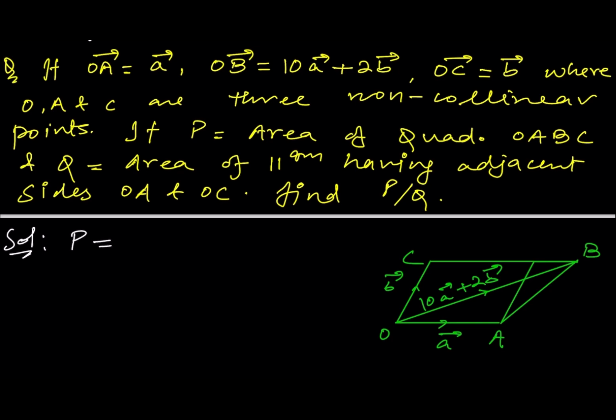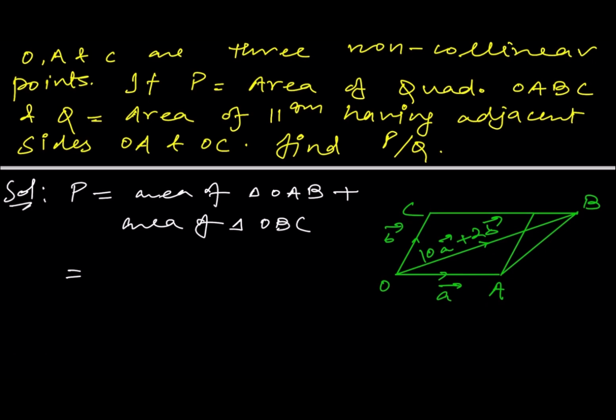P is the area of quadrilateral OABC, or you can say area of triangle OAB plus area of triangle OBC, right? So we know the area of triangle OAB is half mod of A cross (tan A plus 2B), as the area of triangle OAB is nothing but half OA cross OB.